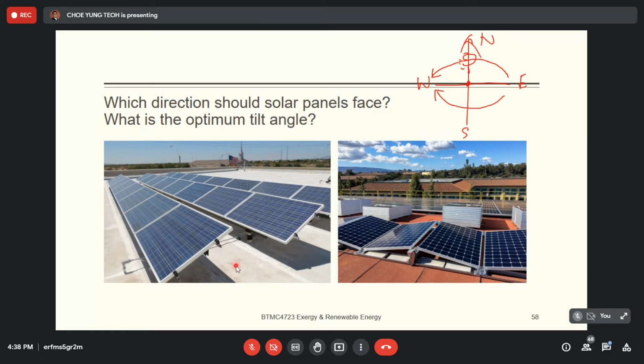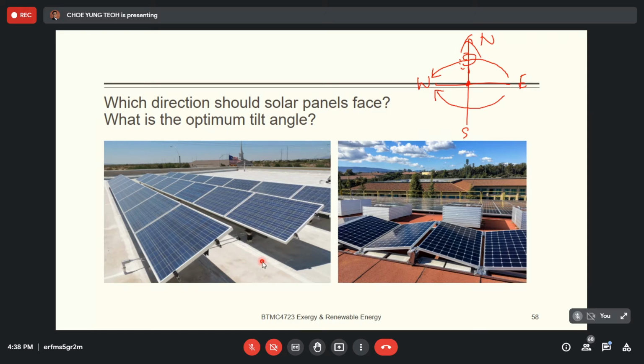The reason is, look at the right-hand side figure: you need a space between line and line, because the shadow of the panel will be at the back of the panel. You cannot arrange them too close, because you want to avoid the shadow falling on the next line. So this area is actually wasted.